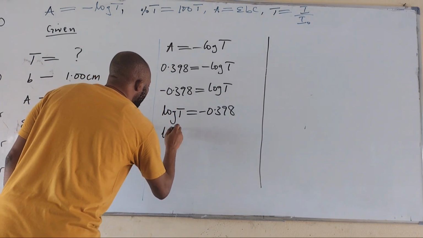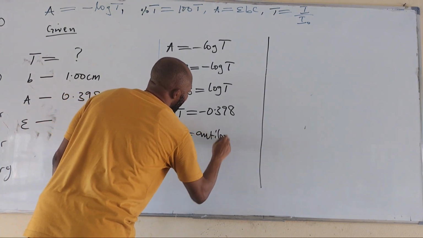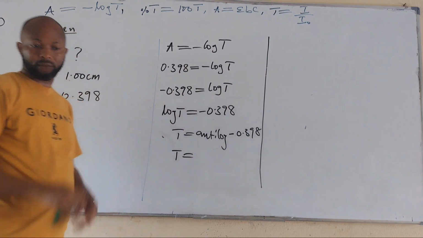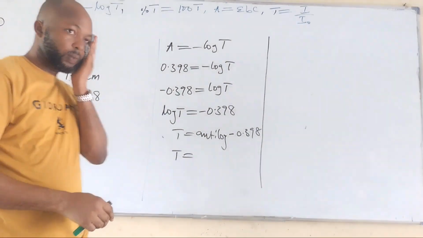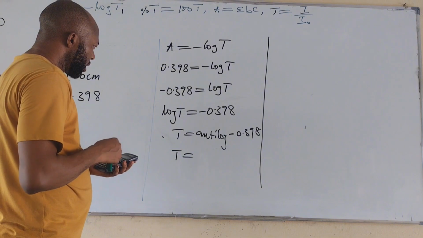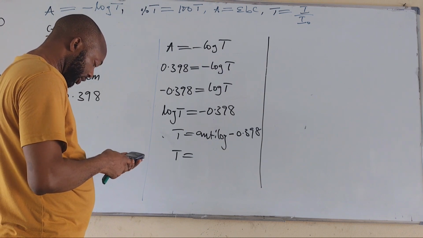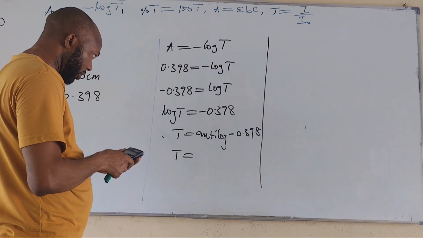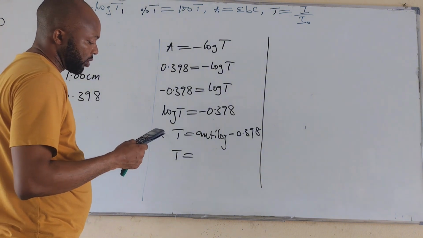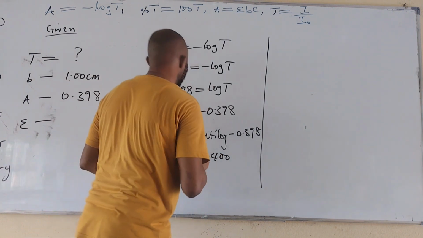Then T will be the antilog of minus 0.398, which is approximately 0.400. This is our transmittance.